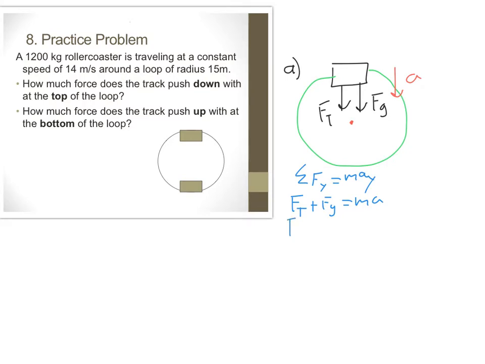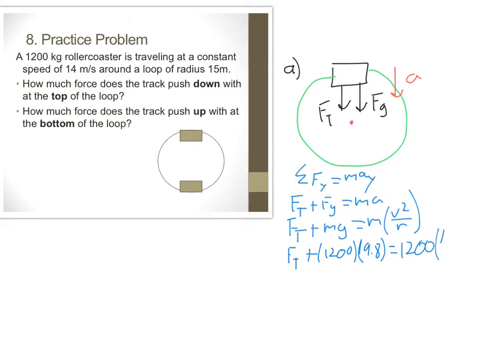So we're going to substitute in a few things here. We know that Fg is just mg, and we know that our acceleration when traveling in a circle is v squared over r. So I can go ahead and substitute in for some of the things that I know here. I know my mass is 1,200 times 9.8, and that's going to be equal to 1,200 times my velocity squared, so 14 squared all over 15.